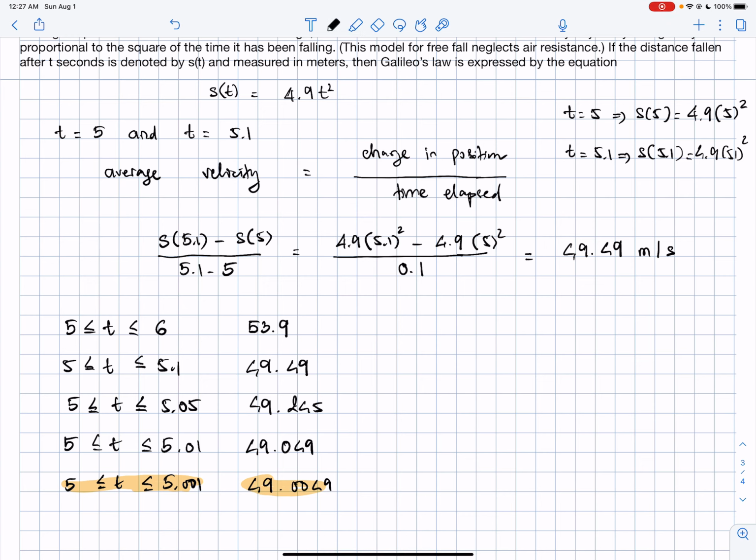So we can conclude that the instantaneous velocity when the time is 5 is defined to be the limiting value of these average velocities over shorter and shorter time periods that start at 5. So the velocity will equal 49 meters per second.